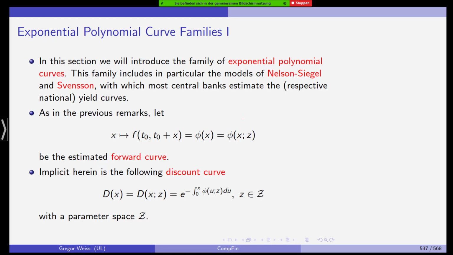The discount curve has this special form, that we say the discount factor is given by the exponential function of minus the integral from 0 to x over this function phi with a parameter space z.